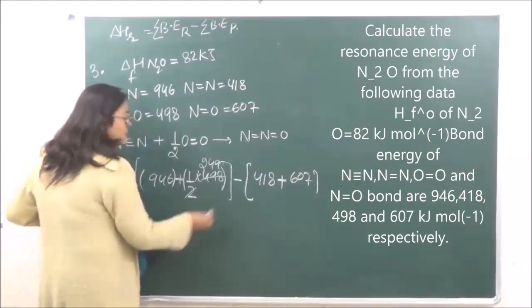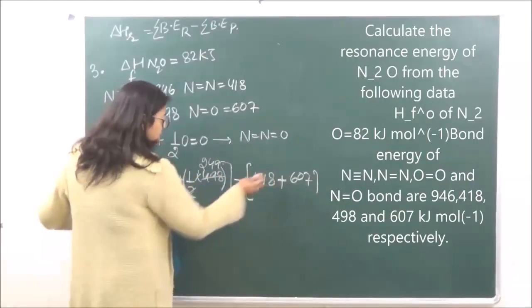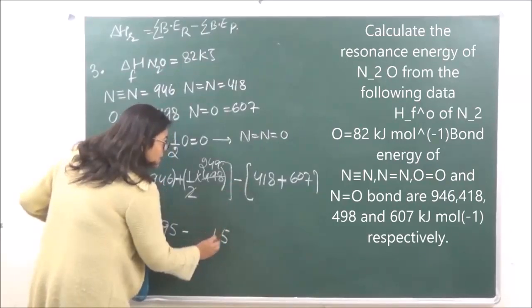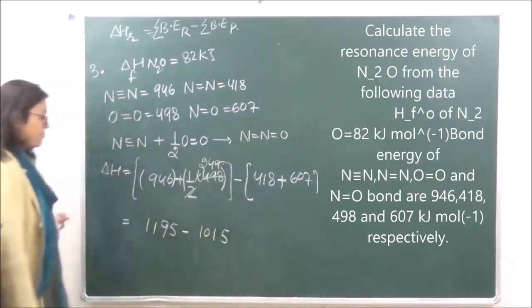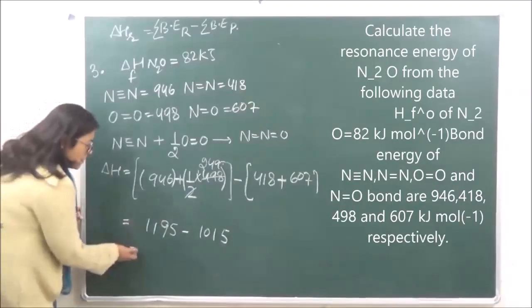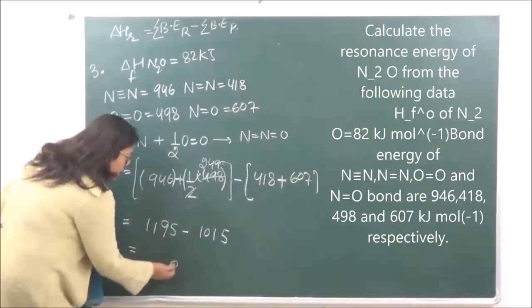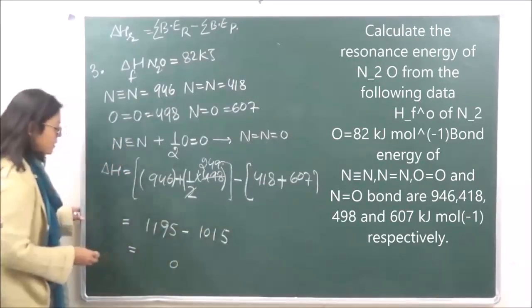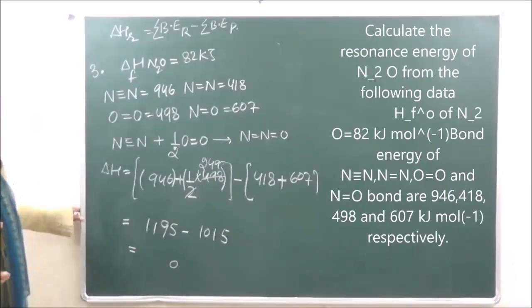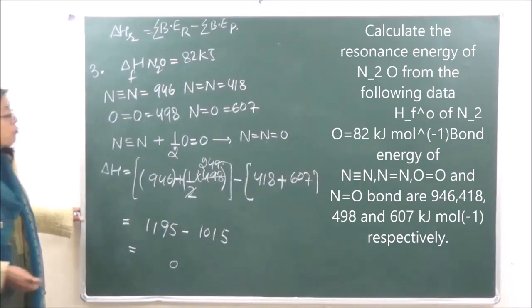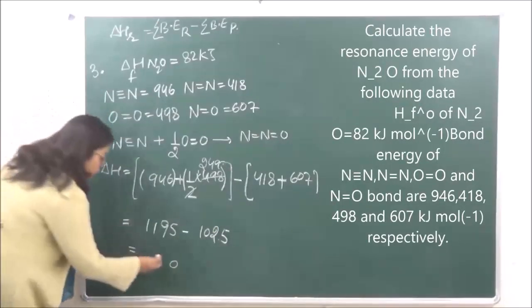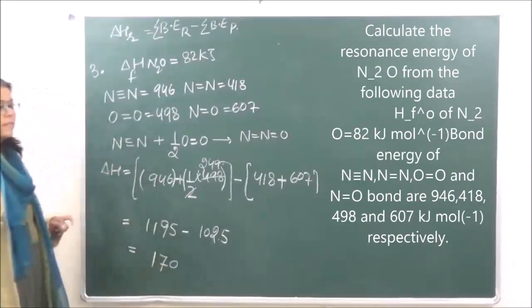Okay? Minus, how much will we have here, 8 and 7 is 15 and we have 1 and 10, 1025. Okay, when you subtract, it's coming as 1195 minus 1025. Right? So 9 minus 2 that is going to be 7, so 170.